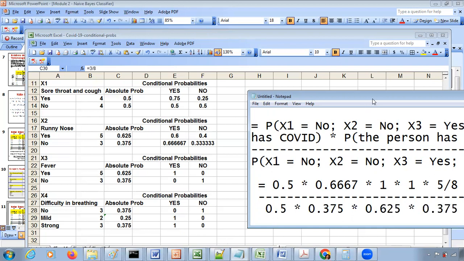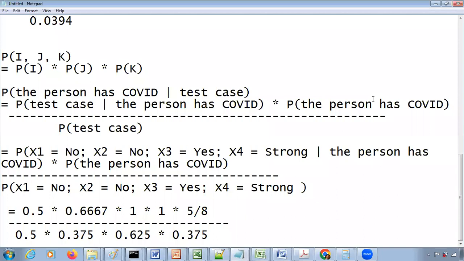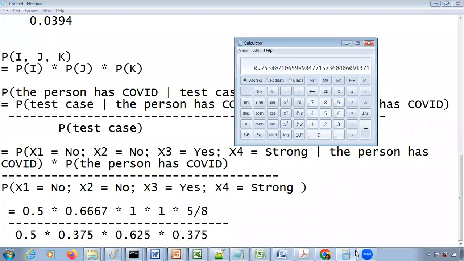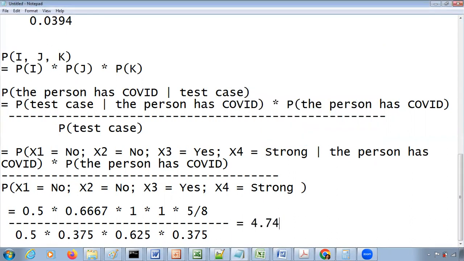So that's the unconditional absolute probabilities. If you simplify the math here, you get the final answer, 4.741. Now remember, absolute probabilities or unconditional probabilities have to be less than or equal to 1, whereas conditional probabilities could be greater than 1, like we see here.